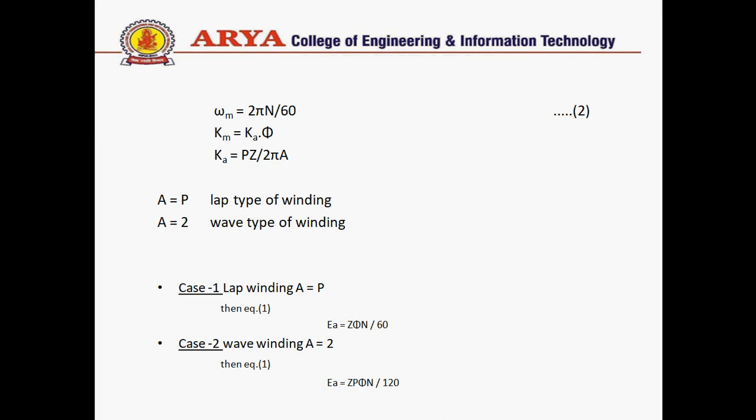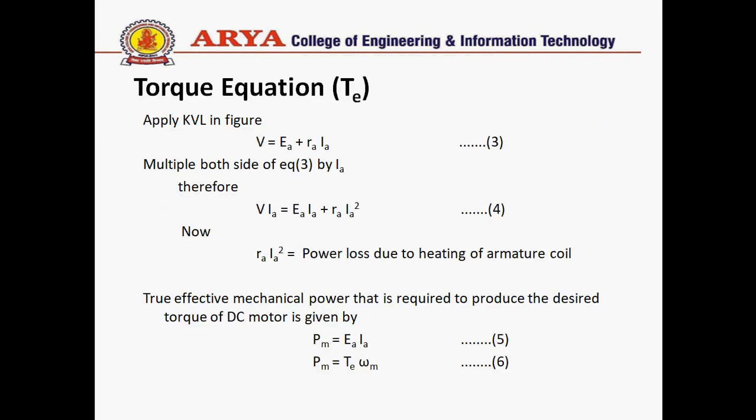When we put these values in equation number 1, we find the EMF for the lap winding, and in case 2, when we put the wave winding, we find the EMF for the DC motor.